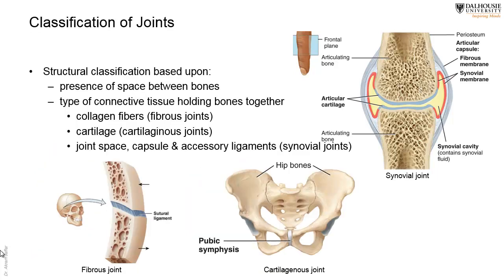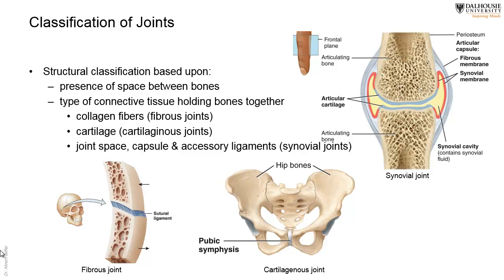The joints are classified according to the structures that are present between the two structures that come together. This structural classification depends on the presence of a space between the two bones, or between the bone and cartilage, and so on.